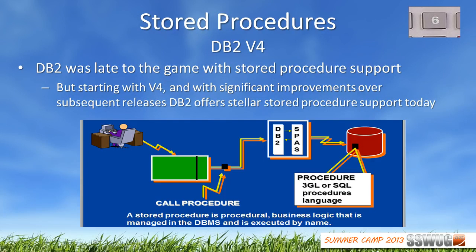Next, the 6th breakthrough, and the 3rd in a row that came from version 4, a significant version for DB2. Stored procedures were added then. Now, a stored procedure is basically a program that's stored in the database server, and it's invoked by a call issued through the database. It can be written in SQL or another language. When DB2 first introduced stored procedures, there was no SQL support in them. Over time, that changed. Also, it's important to note that DB2 was kind of late to the game getting into stored procedures.